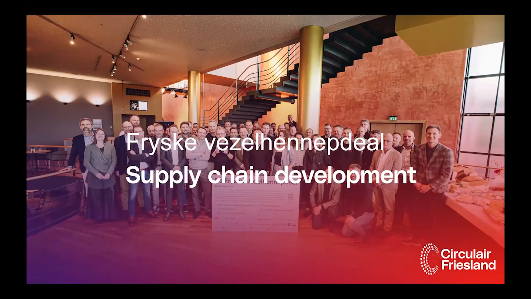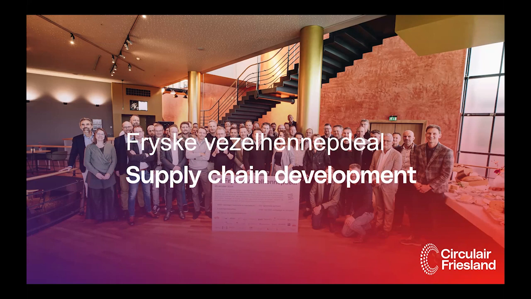Then for another example about the Circo method, we have the Friese Vezelhennepdeal in Dutch. It's a hemp wool deal in Friesland. So on October 25th, 2024, the Frisian hemp fiber deal was proudly signed by more than 30 parties, including Frisian housing associations, construction companies, developers, and government bodies.